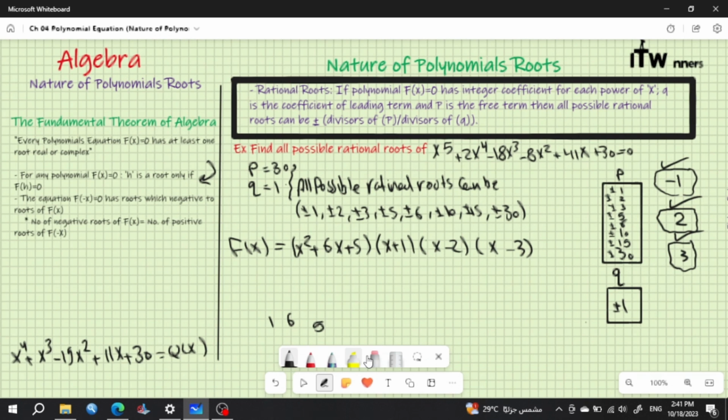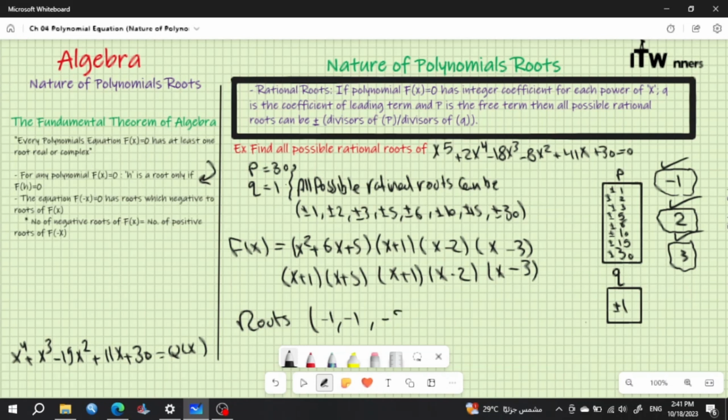Okay, so we can easily factorize this bracket into x plus 1 into x plus 5 and continue x plus 1, x minus 2. Here we have x minus 3. Okay, so the roots are negative 1, here negative 1 again, here negative 5.